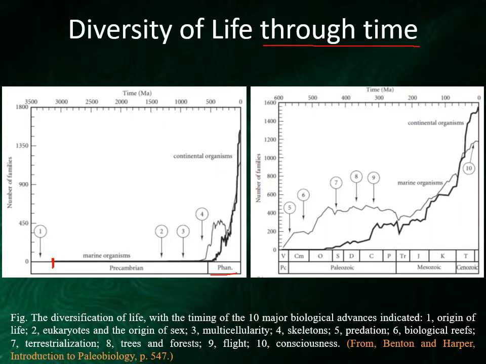Among the different incidents that happened throughout this journey of life forms, scientists propose that there are certain major things to be noted, such as the first one, the origin of life, when life first appears.